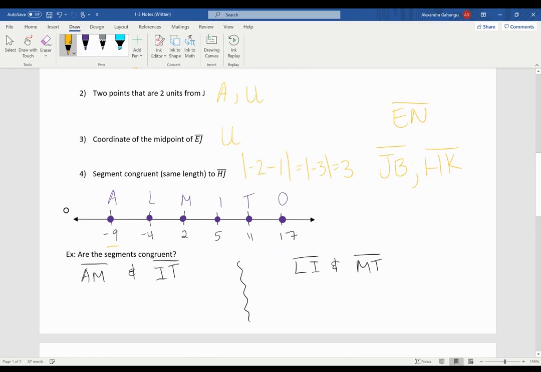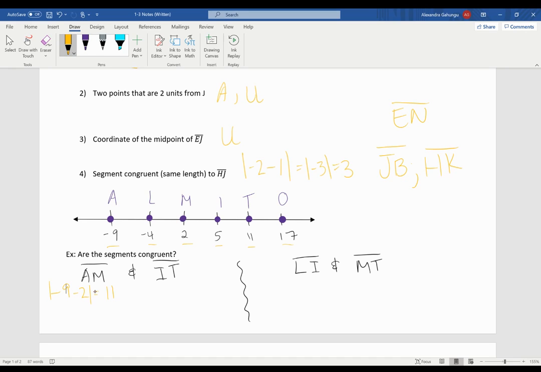Because if you look, our number line is now just a bit more spread out. So we're looking at the segments AM and IT and deciding whether they're congruent. So are they the same length? So AM, so from -9 to 2, so -9 minus 2 gives me -11, but the absolute value of that is 11.